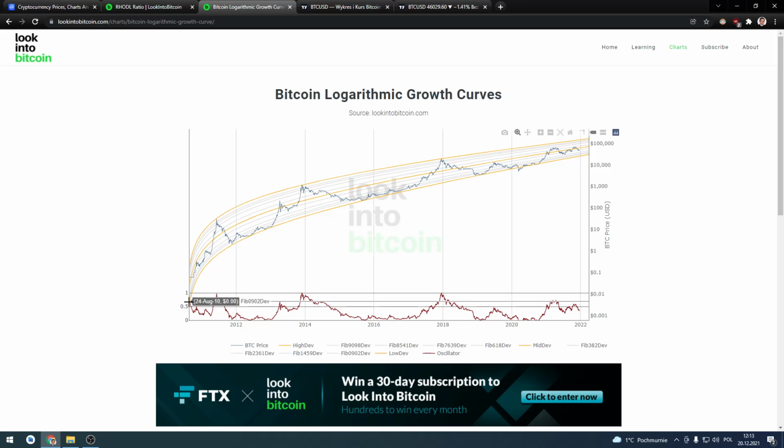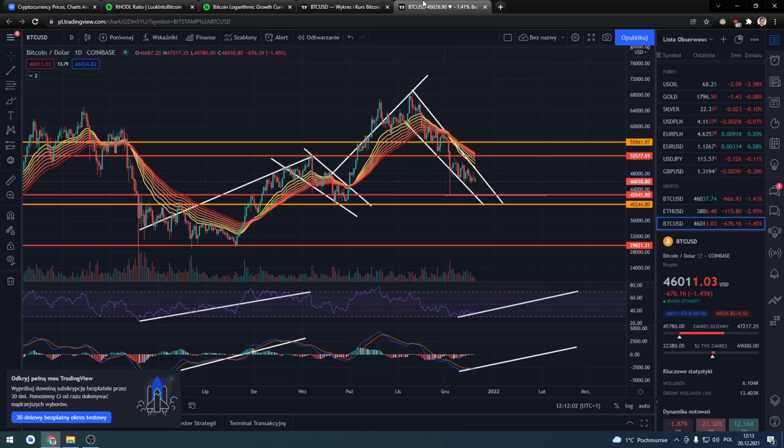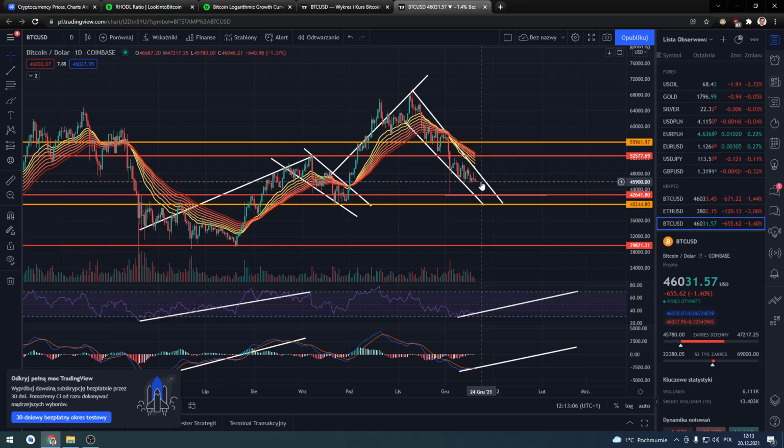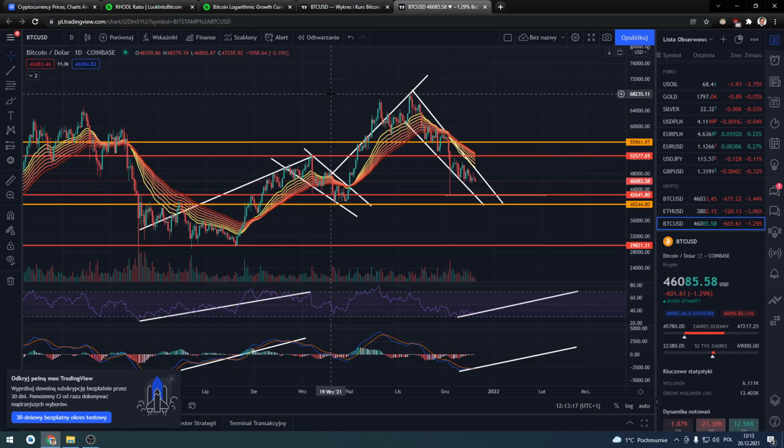And basically, no matter if you buy Bitcoin right where we are today, or lower, or even higher, you should probably get a profit out of your trade. So don't worry too much, I would advise.